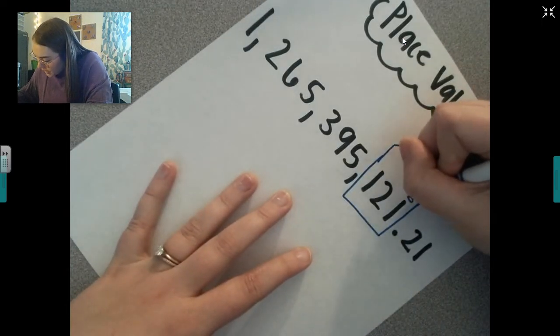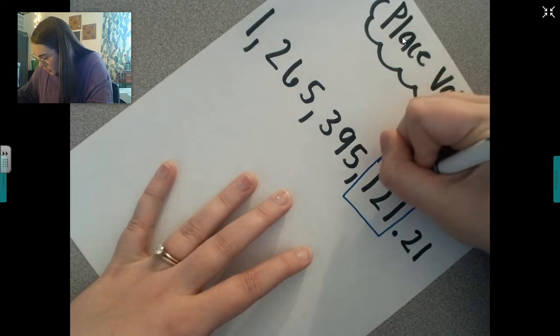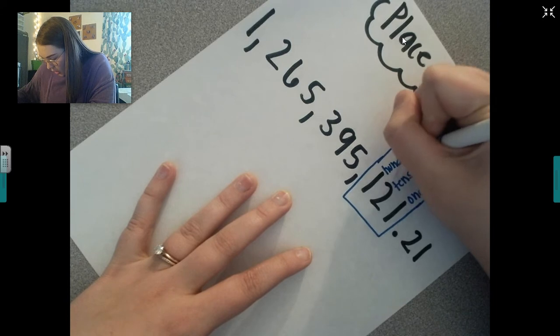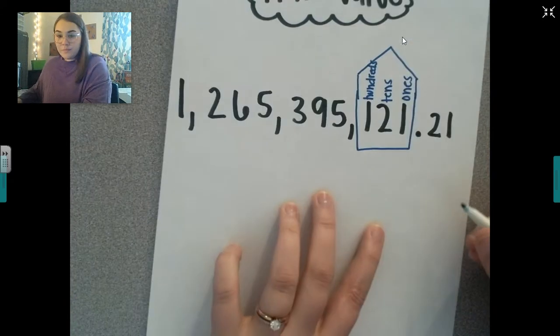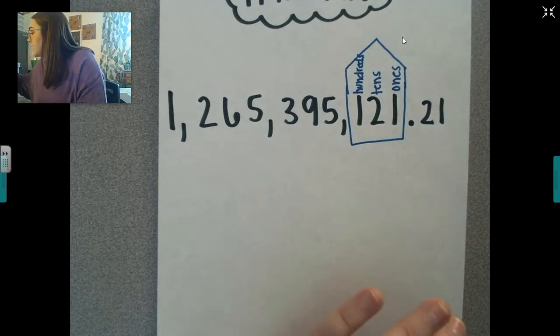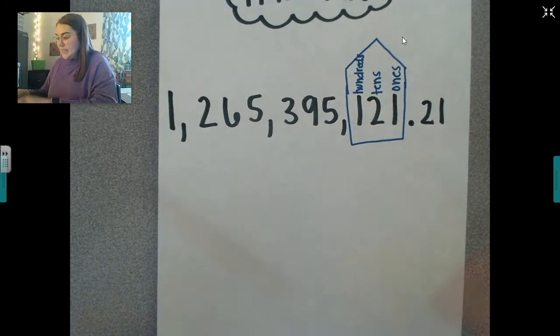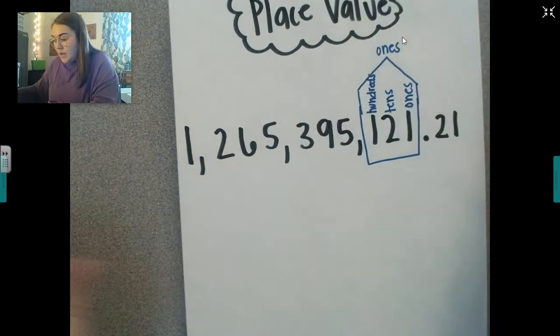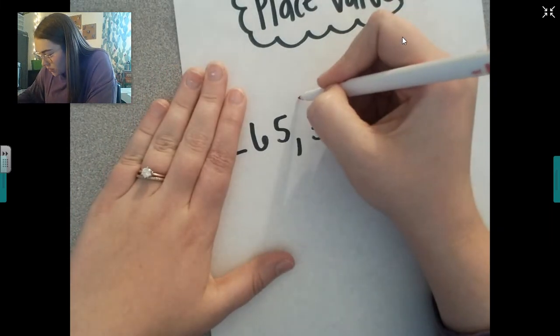So we have the ones place, the tens place, and the hundreds place. And most of you guys always remember this. But then we have the next one, and it is the thousands house. So this is the ones house or period. Now we have the thousands house.